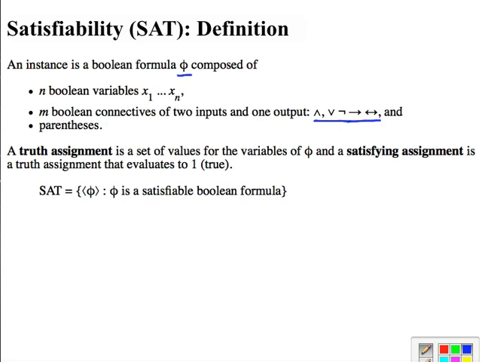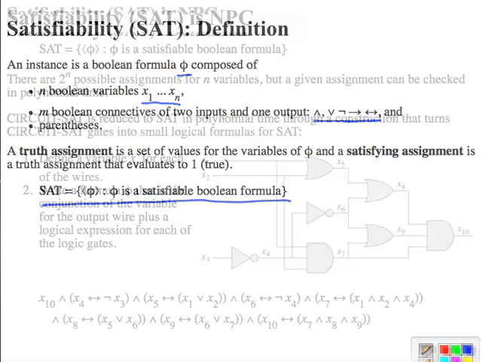So a truth assignment is a set of values for these n variables, giving them either true or false. And a satisfying truth assignment is one where the whole expression evaluates to true. So the problem SAT is the problem of determining whether a formula phi is satisfiable, whether there exists a Boolean assignment of values to variables that satisfies the formula.